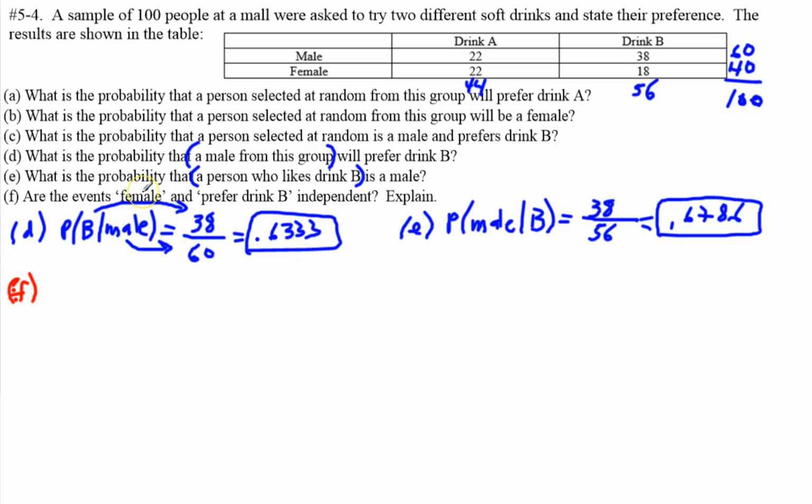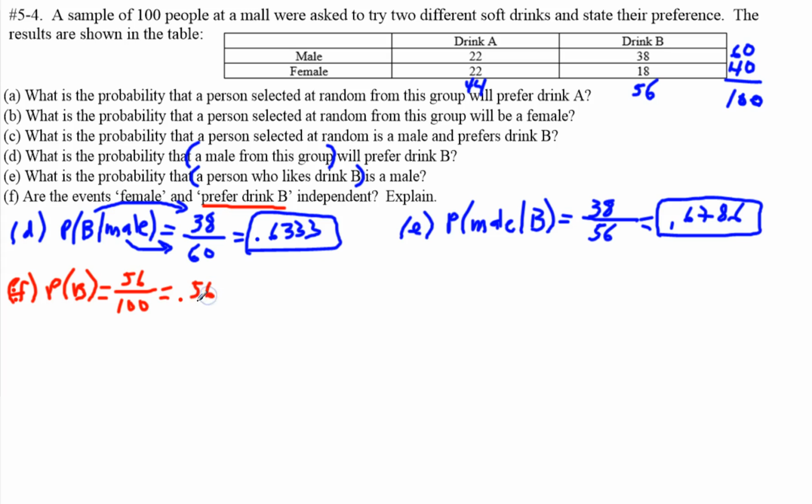Like, for example, I could check this one, that they prefer drink B. And then we're going to find all the different probabilities of ways to prefer drinking B, right? So we could just ask for the entire data set, how many people prefer drinking B? Well, that would be out of 100 people, right? 56 of them prefer drinking B, and so that would be 0.56, right?